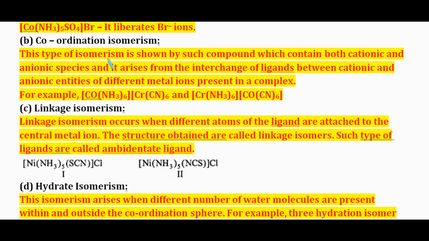Coordination isomerism. This type of isomerism is shown by such compounds which contain both cationic and anionic species, and it arises from the interchange of ligands between cationic and anionic entities of different metal ions present in a complex.